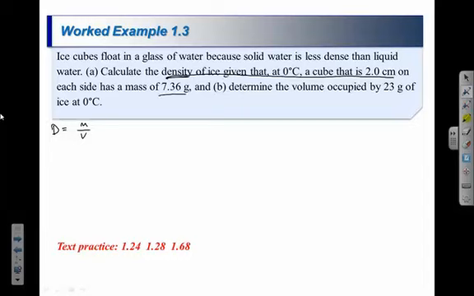I'm given the mass, right? So really, I can set this up and say, for this ice, what is the mass over the volume? What I've got is 7.36 grams for the mass. How do I calculate the volume? So I can plug that in.